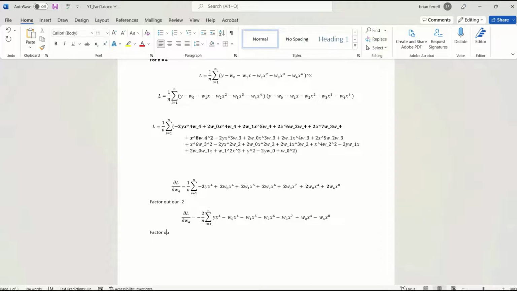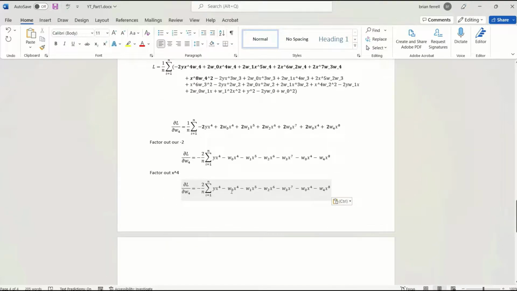Which now we can factor out x to the power of 4, and let's copy that right there, and put parentheses around this just to make it easier on the eyes.